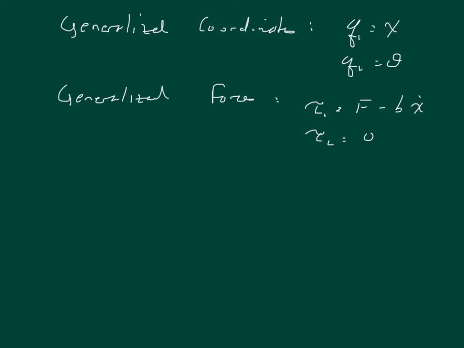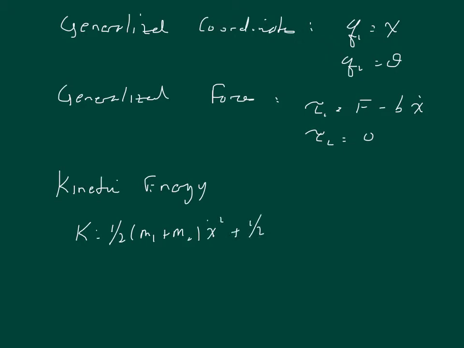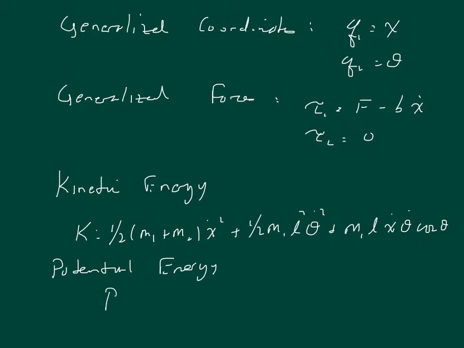Okay, now we derived in previous lectures the kinetic energy as K is equal to 1/2 (m1 plus m2) x dot squared plus 1/2 m1 L squared theta dot squared plus m1 L x dot theta dot cosine theta, and the potential energy as P is equal to P naught minus m1 g L (1 minus cosine of theta).